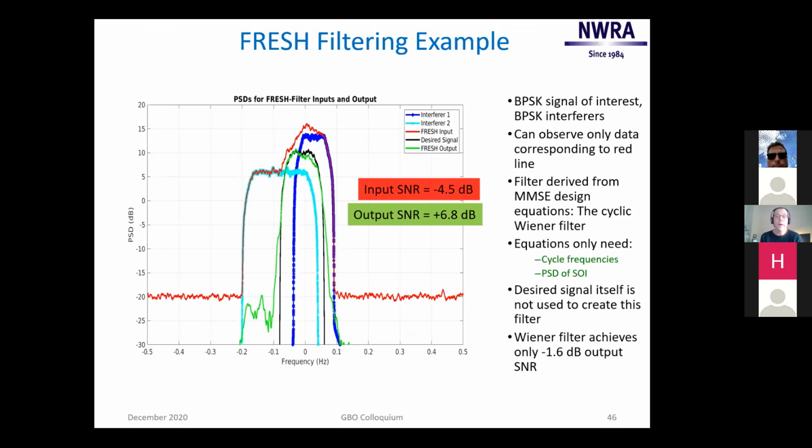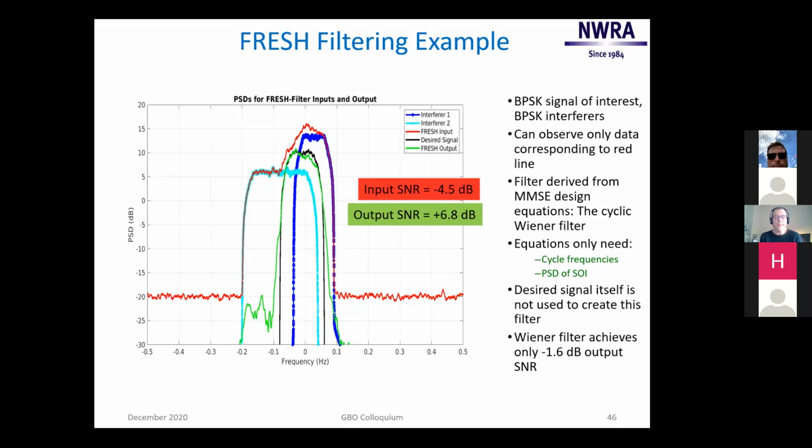I created a signal of interest, a BPSK signal, and that's the black line, okay? And I created two interferers, also BPSK signals, and those are the two blue lines, the dark blue and the cyan. And added them together and added noise.